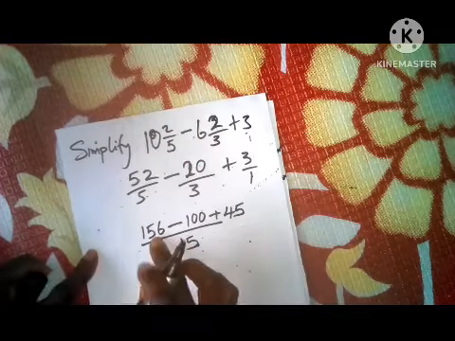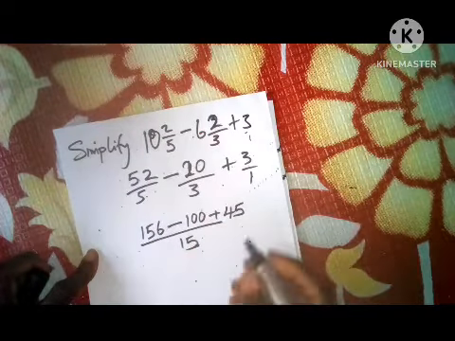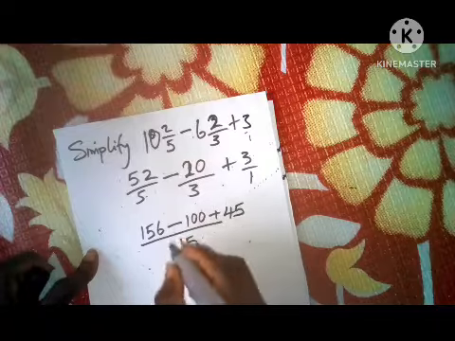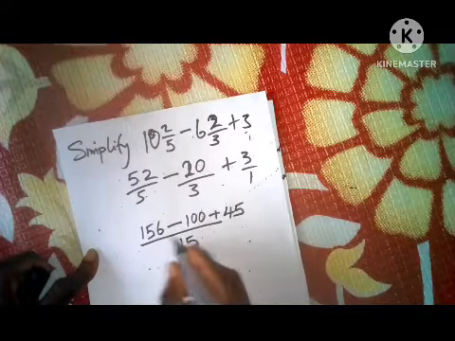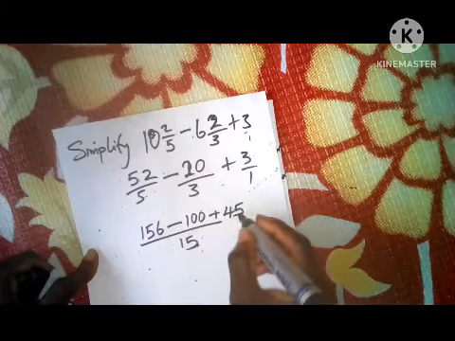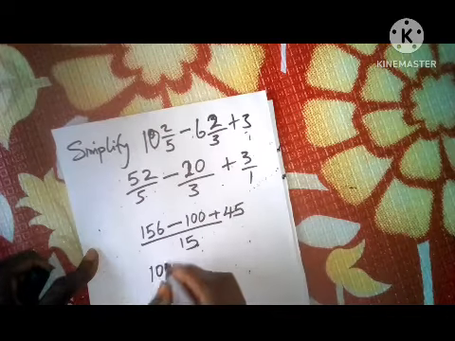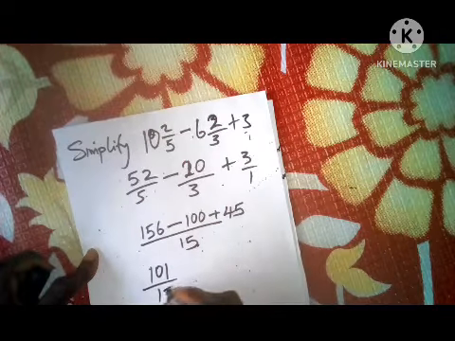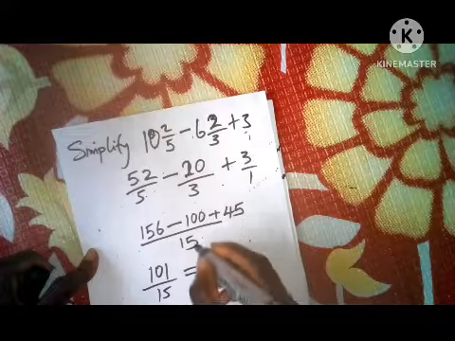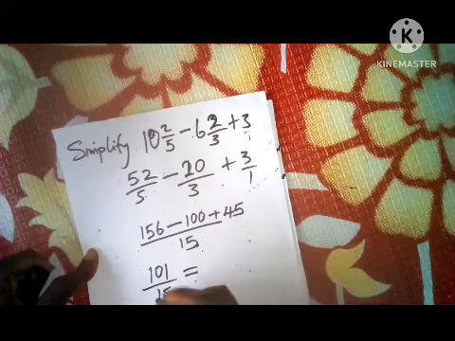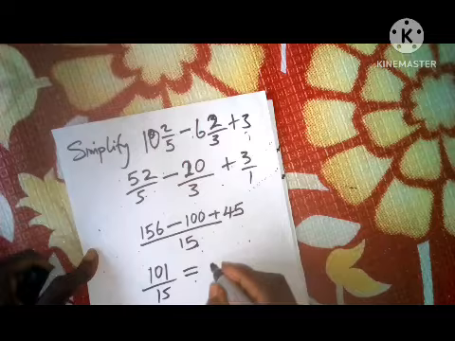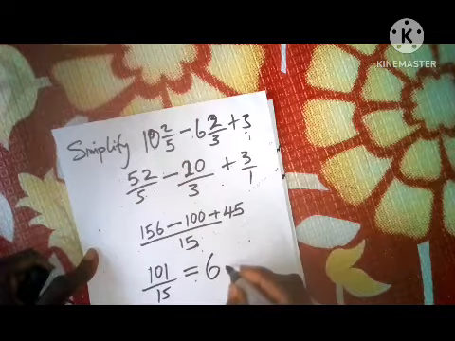Now you have to subtract and add at this stage. When you subtract 100 from 156, you have 56. 56 will now be plus 45. You have 101 over 15. Bring down the 15. How many times will you see 15 in 101? You have 6 times, remainder 11 over 15.